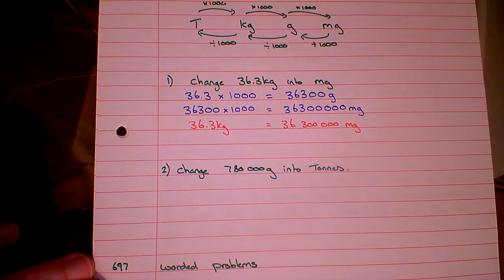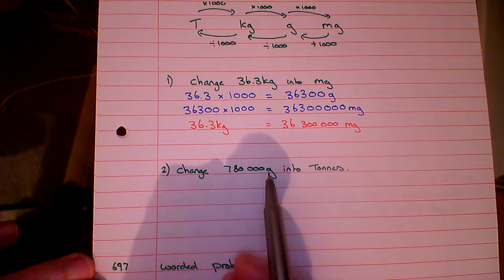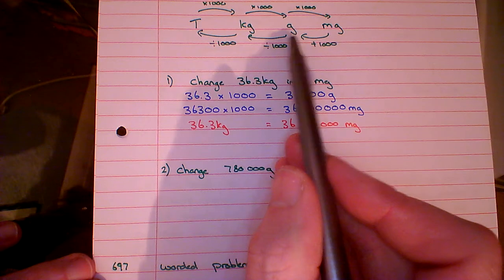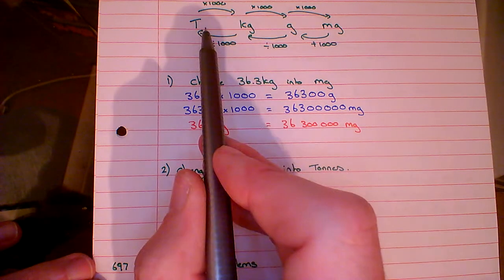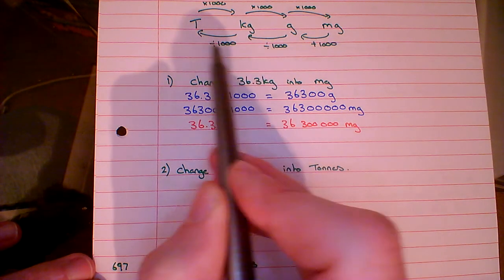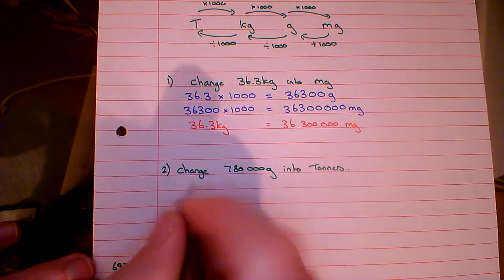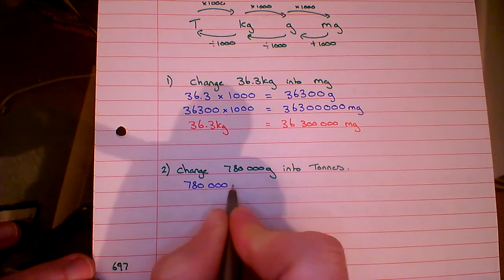Okay, second question. Change 780,000 grams into tons. Well, I've got grams this time and I want to go to tons. Not going to do it all in one go. I'm going to take it step by step. So grams to kilograms first. So what have I got? I've got 780,000 grams.